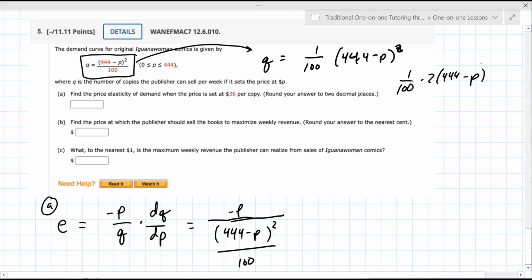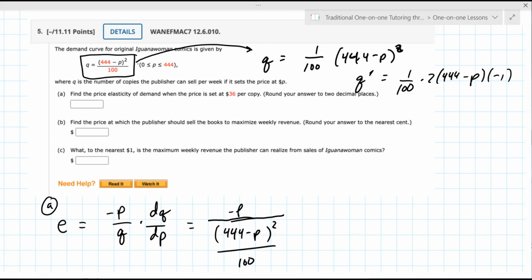This is good, and then there's a little more. What's the derivative of the inside function? Wouldn't it just be 1 times negative 1? Yeah, negative 1.